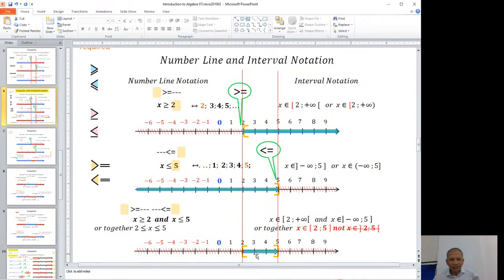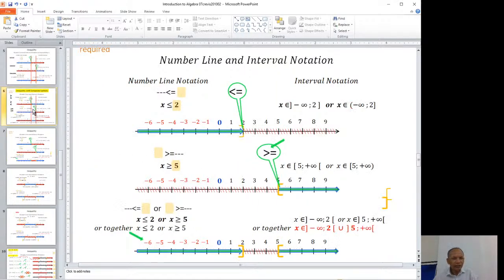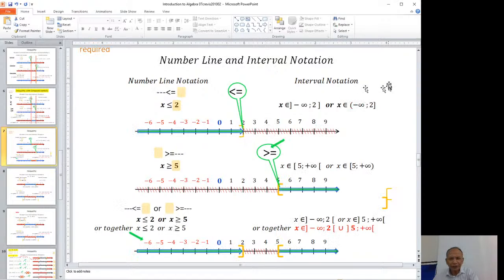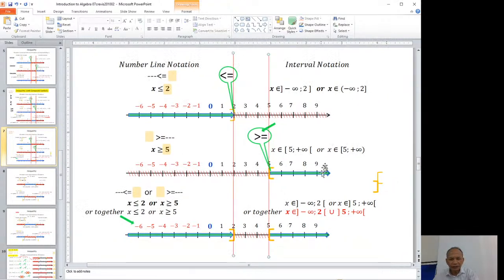Here we have the intersection, overlap section, overlap space, overlap value. Down here, now we have a blank space. We have values that don't belong to this one and don't belong to this one.